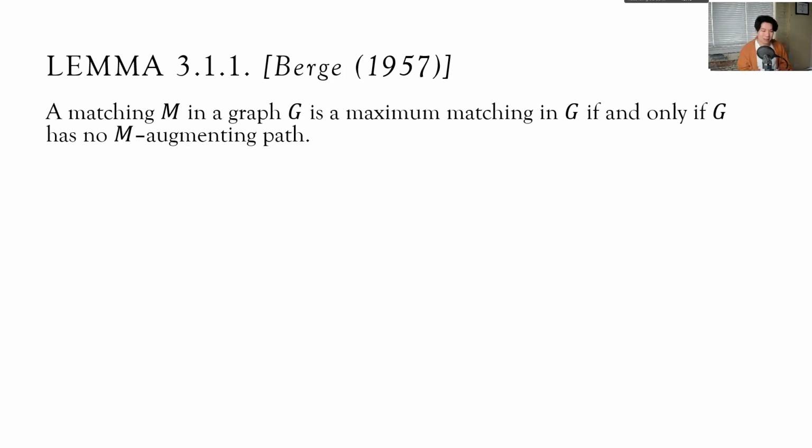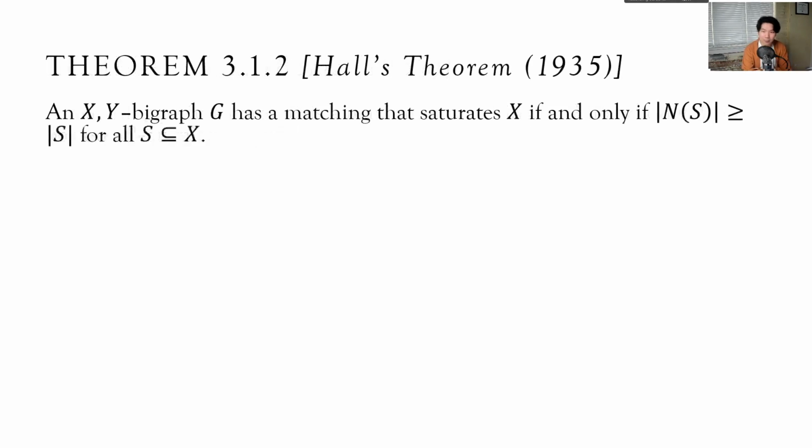The theorem I wanted to introduce and spend a lot of time on is Hall's theorem from 1935, which states that if I have an X,Y-bigraph G, it has a matching that saturates X if and only if for any vertex subset of X, let's call it S, the cardinality of the neighborhood of S is greater than or equal to the cardinality of S. So a lot to take in here.